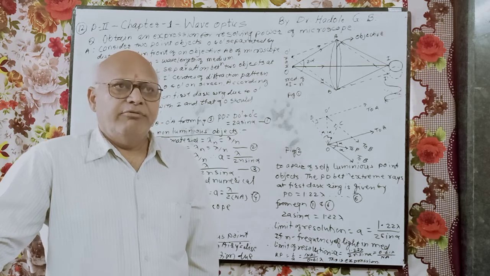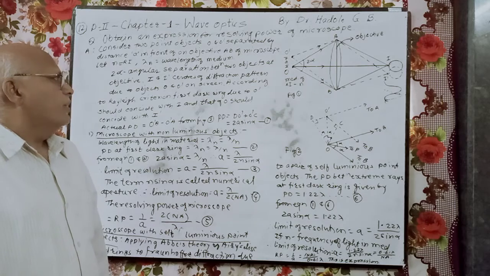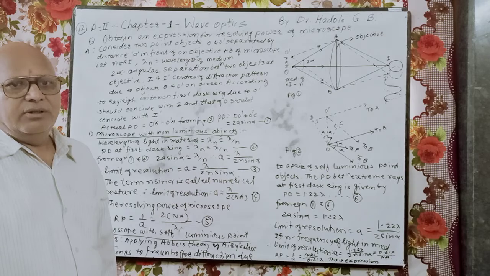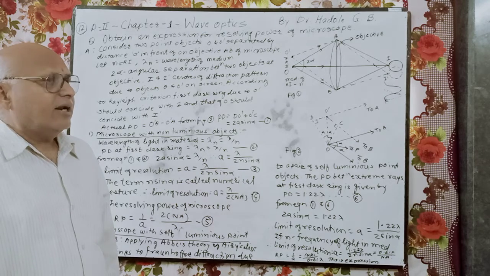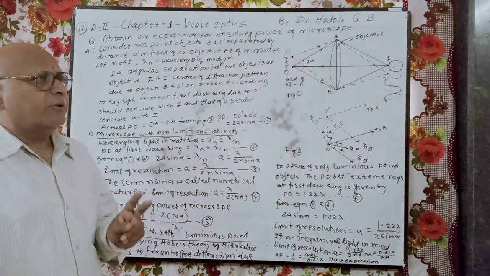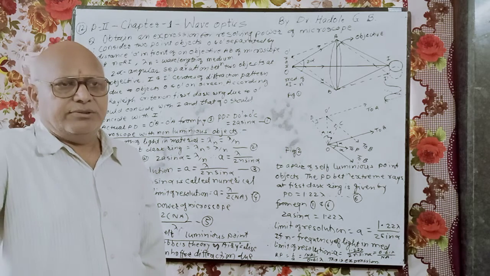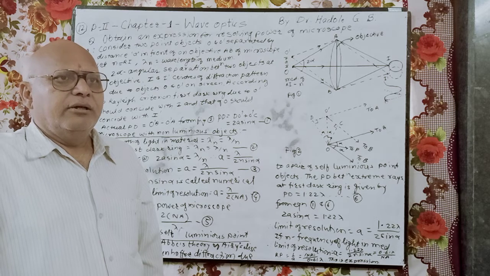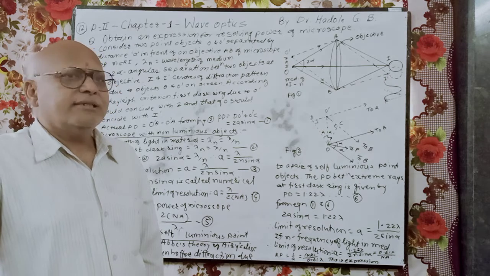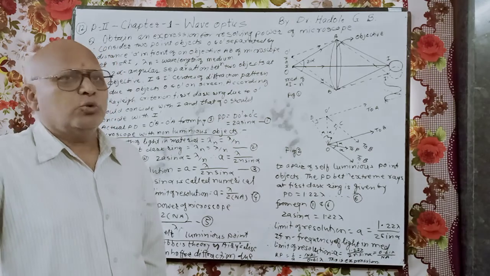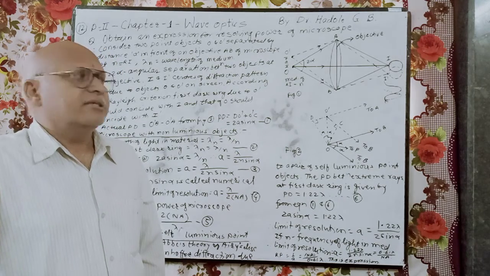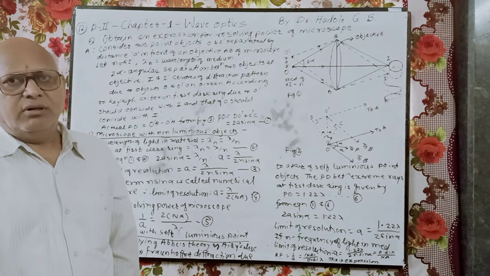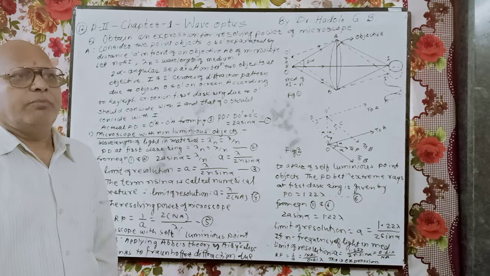Now here we have to derive the derivation. Therefore, we have to focus on this diagram. Here, the microscope consists of an objective and an eyepiece. The objective is a convex lens. The eyepiece is also a convex lens. For our interest, the objective is very important. What is a microscope?